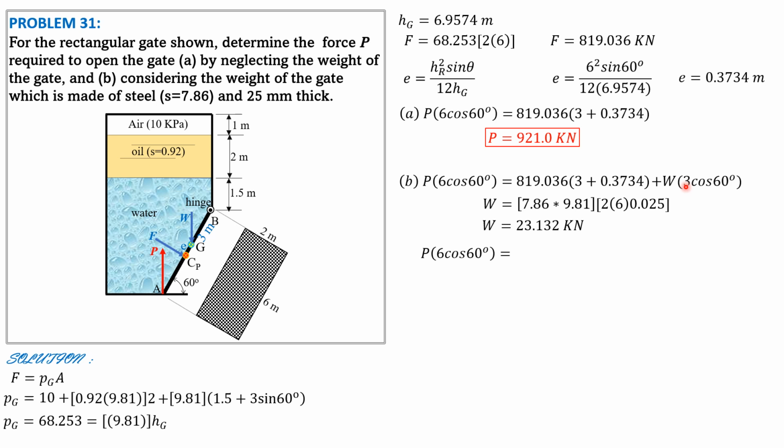P times 6 cosine 60 degrees equals 819.036 times 3.3734 plus 23.132 times quantity 3 cosine of 60 degrees. So computing the value of P considering the weight of the gate is 932.5 kilonewtons. So that's it for this problem.